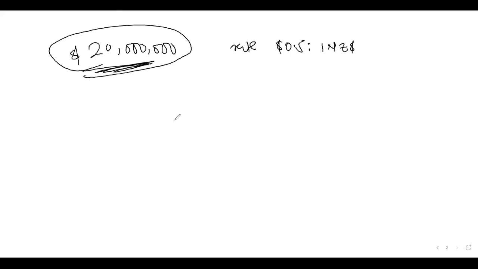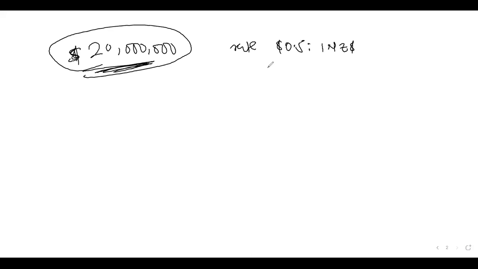But because we are holding 20 million US dollars and the rate is 0.50 US dollars is to 1 New Zealand dollar, let's divide. Because if 0.50 US dollars is 1 New Zealand dollar and we have 20 million US dollars, it means you get more New Zealand dollars from it. Every half US dollar is equal to 1 New Zealand dollar.